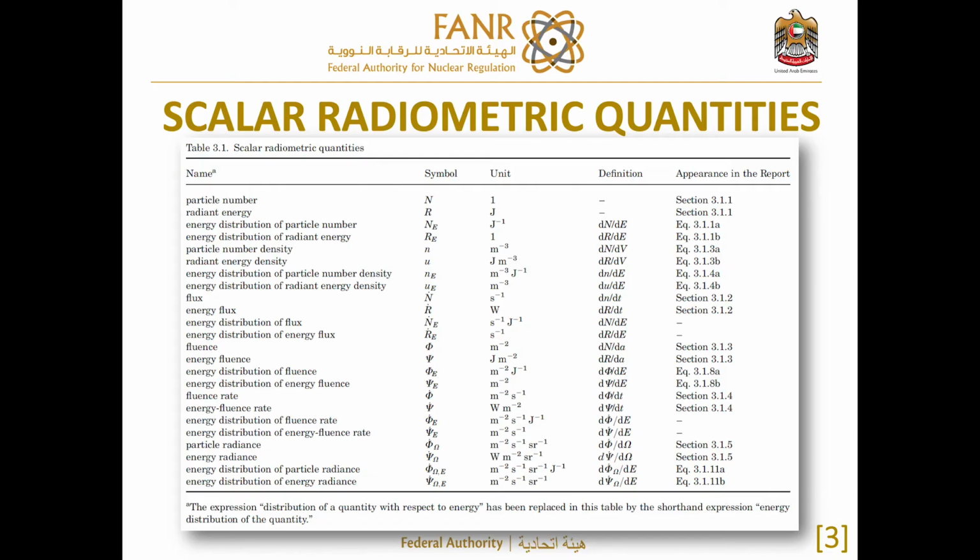And this is a more comprehensive list of some scalar radiometric quantities, starting from the very simple particle number, which is used, of course, in many calculations, going down to more complicated ones, like energy distribution of energy radiance. Of course, we are not going to use all of them.